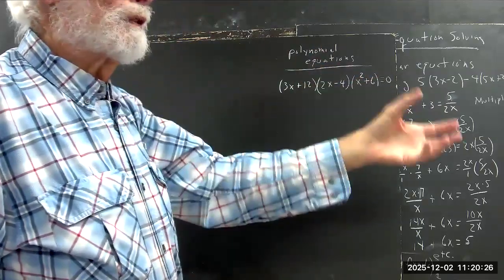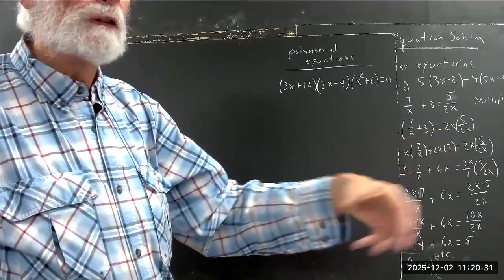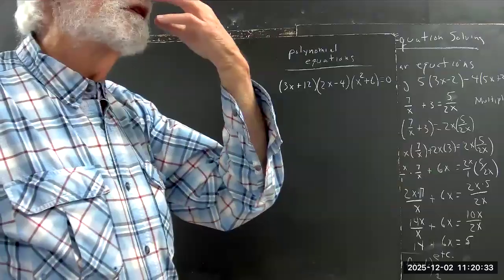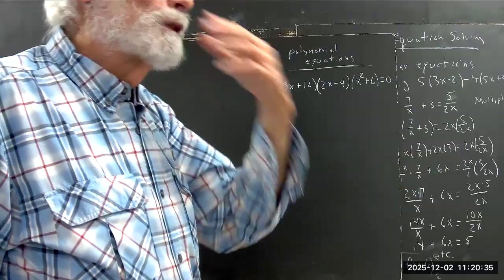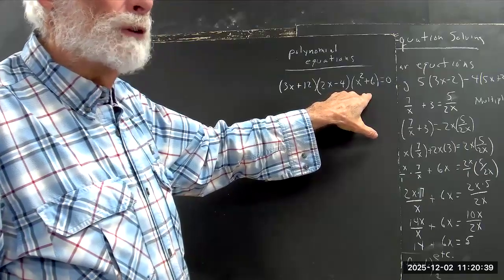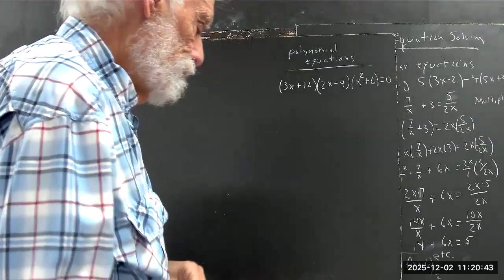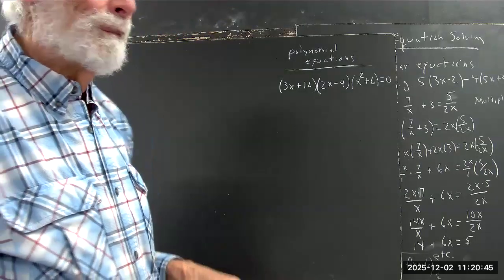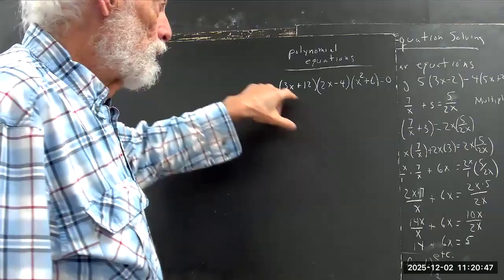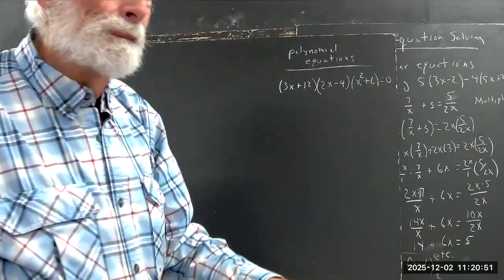If your quadratic factor set equal to 0 gives you solutions, then it actually factors. I'm not going to get too technical about that. But you want to factor it down to where you've got linear and quadratic terms. And if you do, you can solve it.